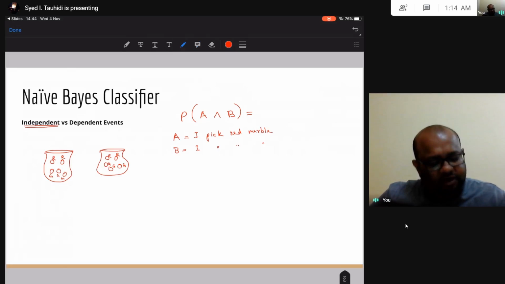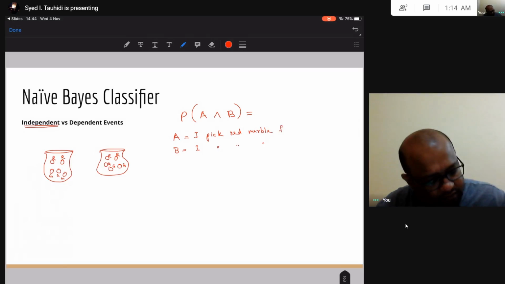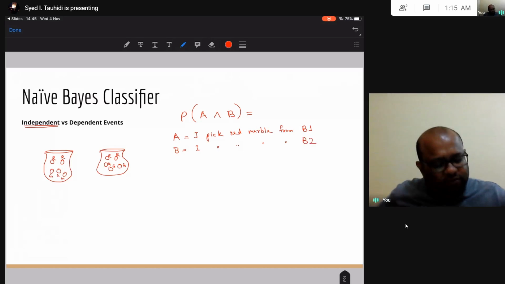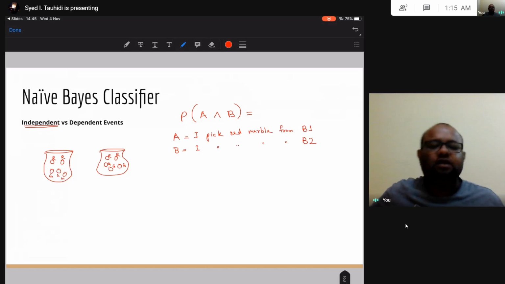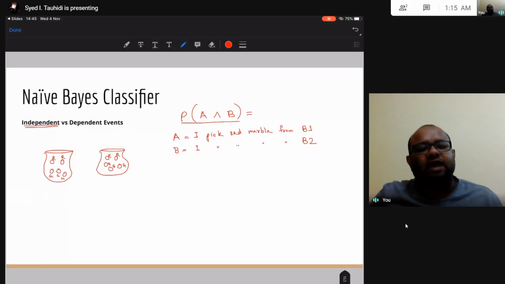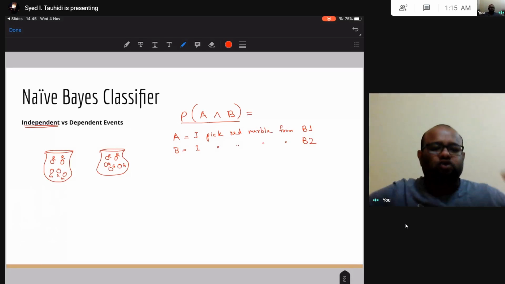What is the probability that I pick a red marble from bag 1, and B is what is the probability that I pick a red marble from bag 2. So what is the joint probability that I have to answer? What is the probability that I pick a red marble from bag 1 and a red marble from bag 2? So I have to pick a red marble from both these bags.